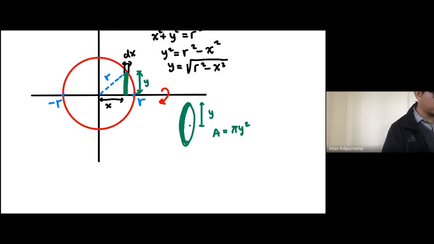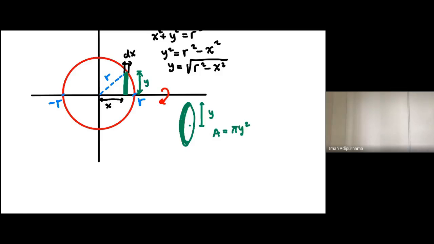So if you want to evaluate all the points from negative r to r, we are evaluating from here, right? So imagine the disk will change alongside this curve, right?